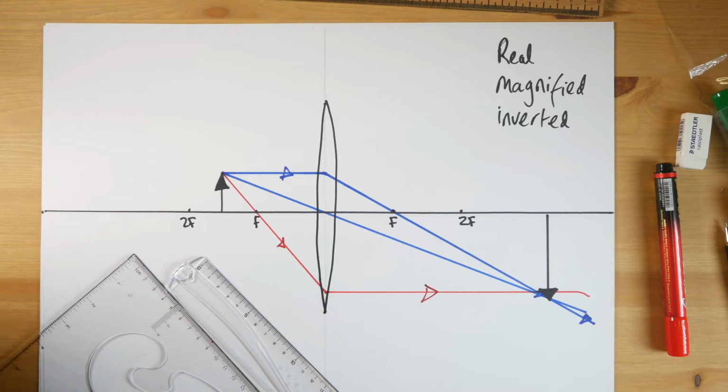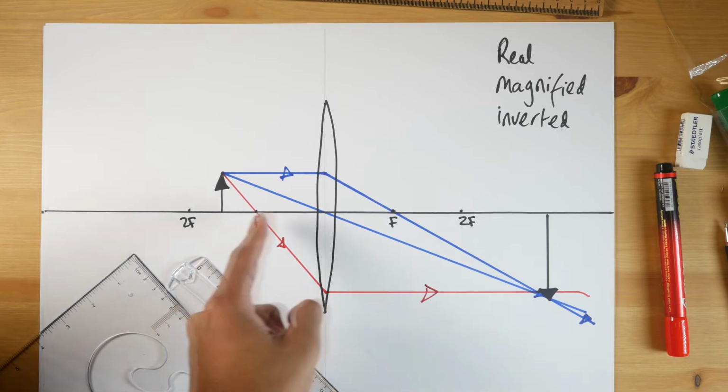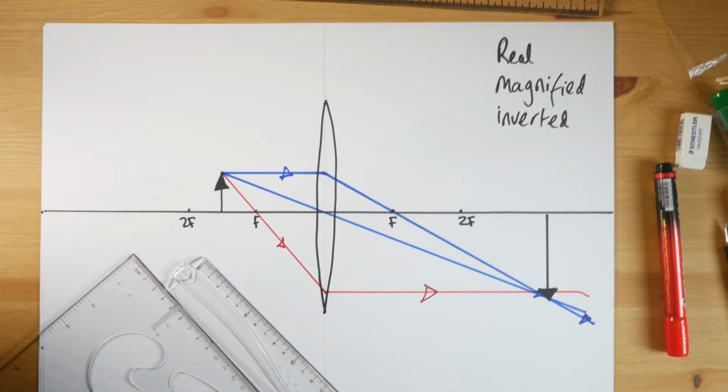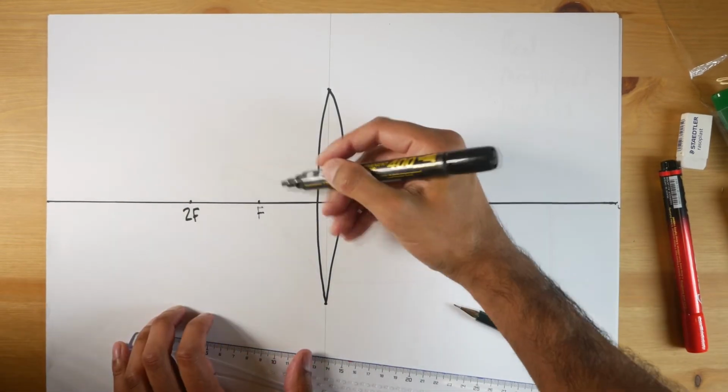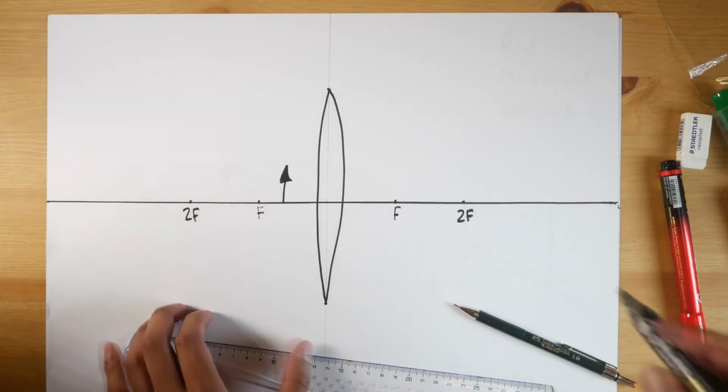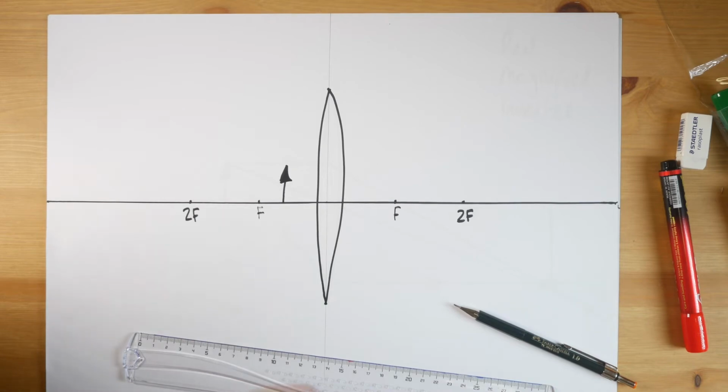Let's have a look now what happens when we move it within the focal length itself, so just here. So within the focal length, my object is going to be over here, like so. And I'm going to do the same things as before.